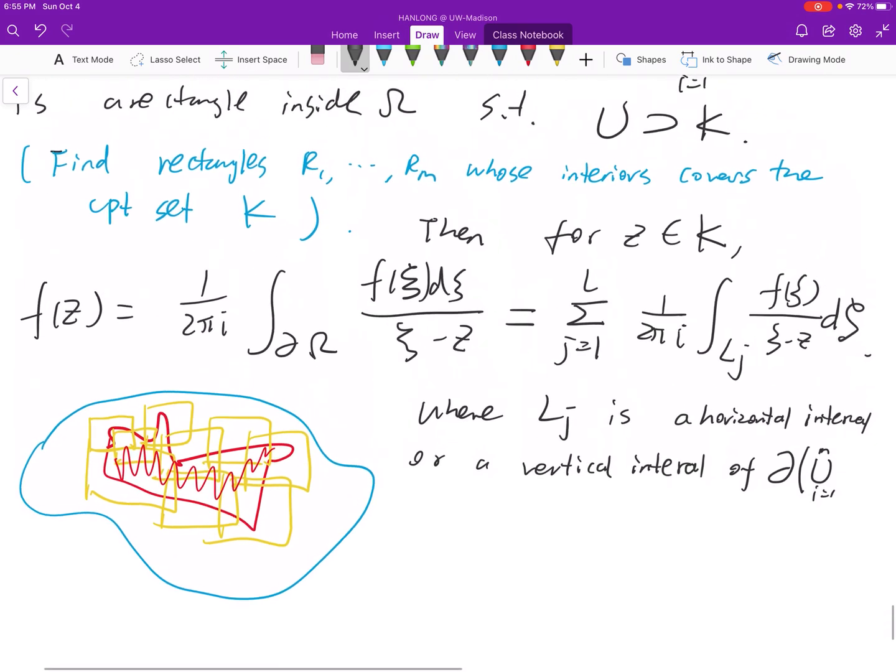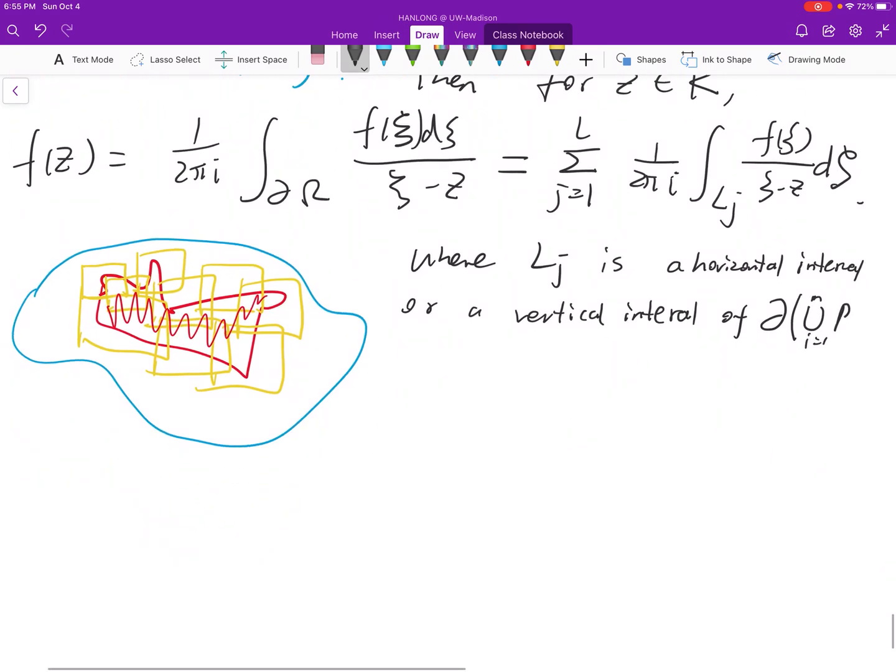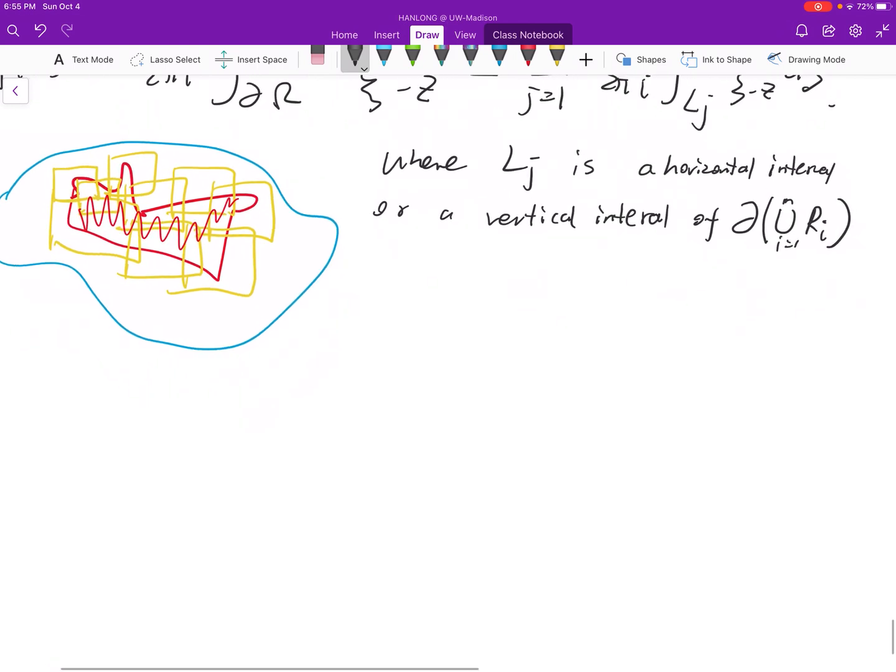So the boundary of the union of the rectangles must be a set of horizontal lines or vertical lines.